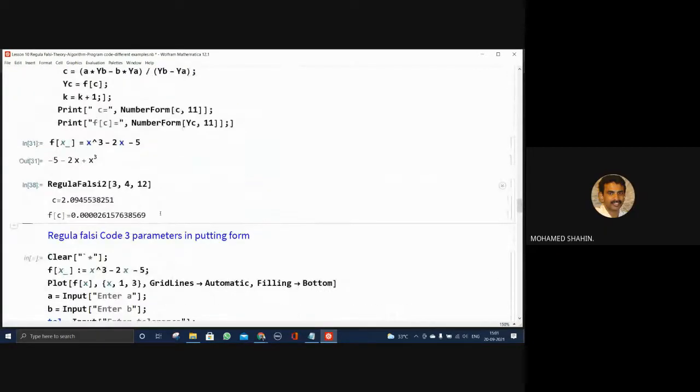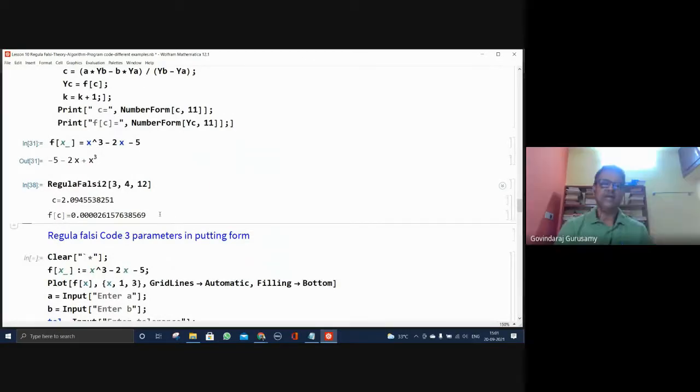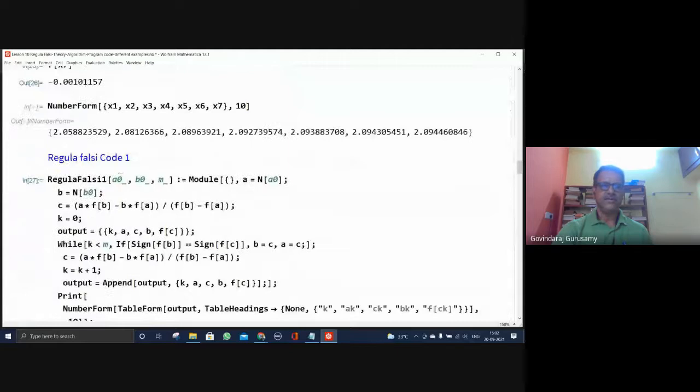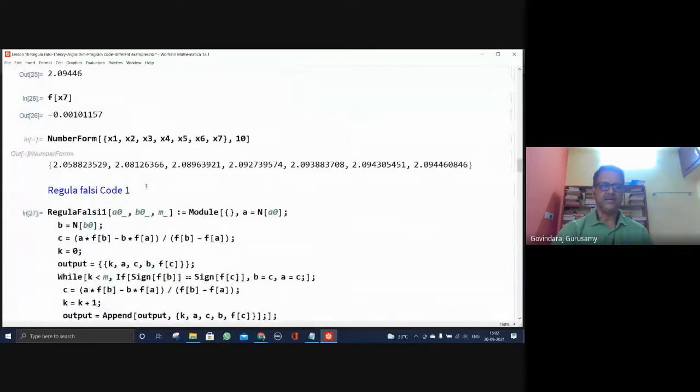So you mean that the root must not be bracketed? No, that's the beauty here. No bracketing here. Only the regula falsi function requires that. See, because with this 3 and 4 it starts and moves towards that. That's how it does.